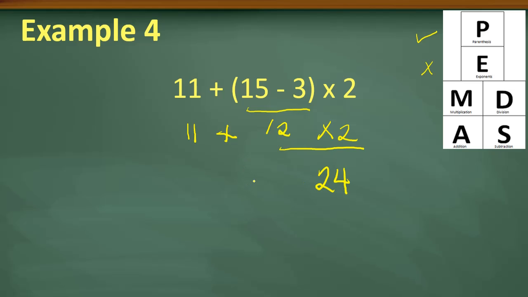Then we bring down 11 plus 24. 11 plus 24, we have 35. So our answer will be 35.